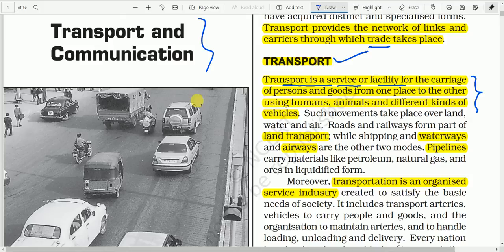So roads and railways form part of land transport, while shipping, waterways, and airways are the other two modes. Another mode of transportation is pipelines, which carry materials like petroleum, natural gas, and ores in liquefied form.